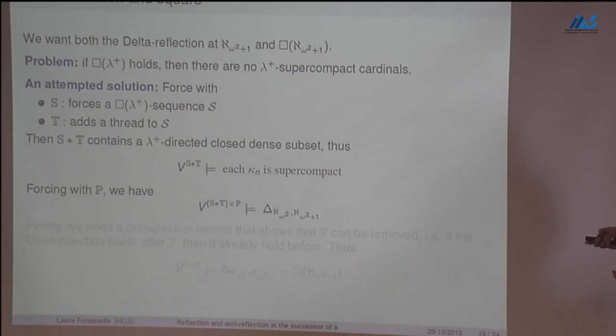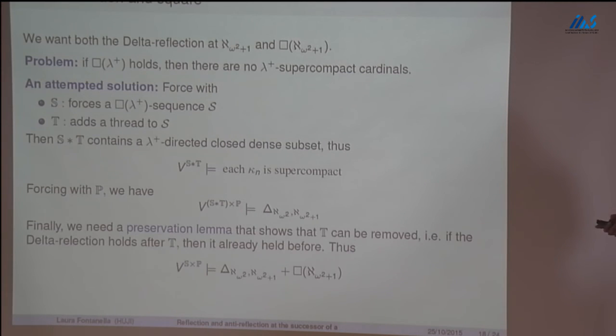Okay, but now we lost the square sequence because we had a thread to the square sequence. So we would like to prove that T can be removed from the whole equation.